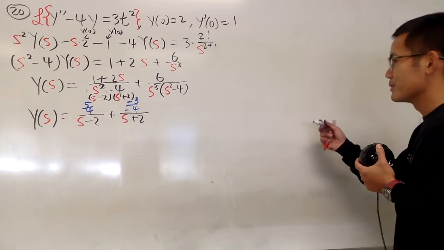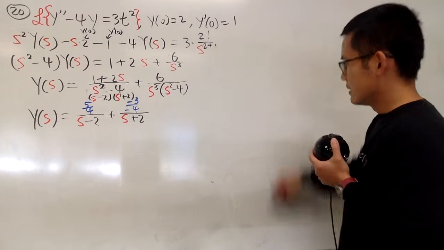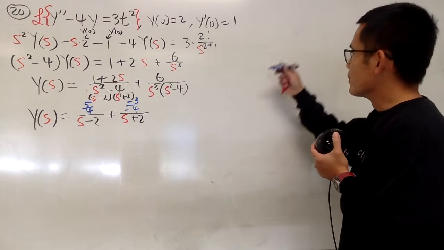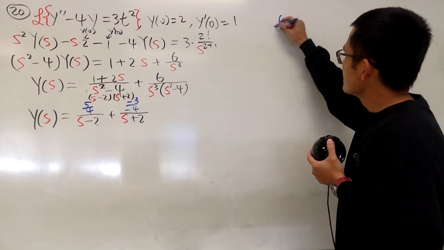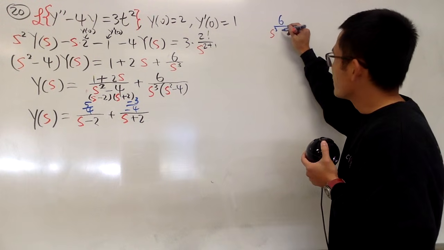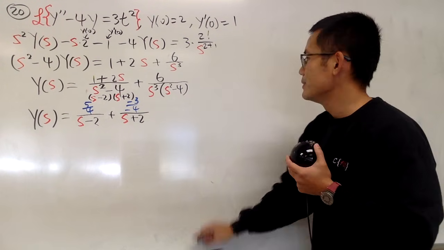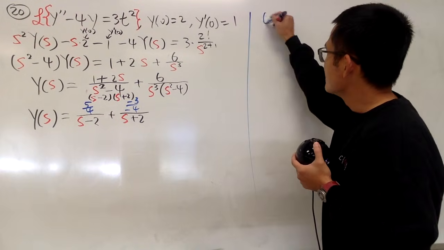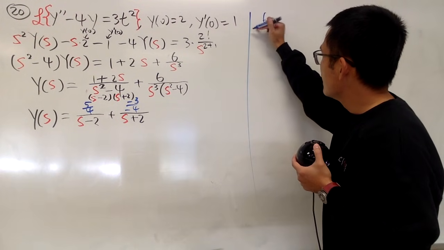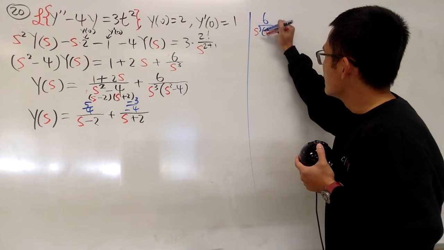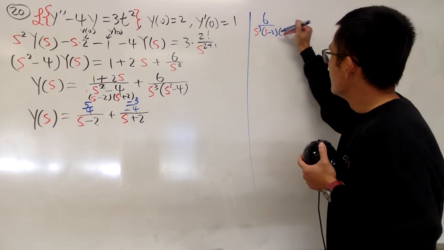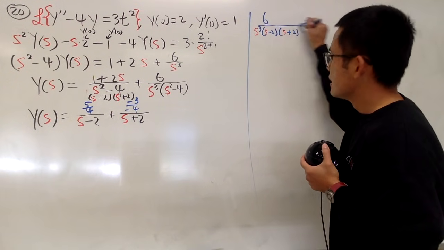Okay, I'll do it. All right, so for this right here, let's see. So this is going to be 6 over s third power, s minus 2, s plus 2.